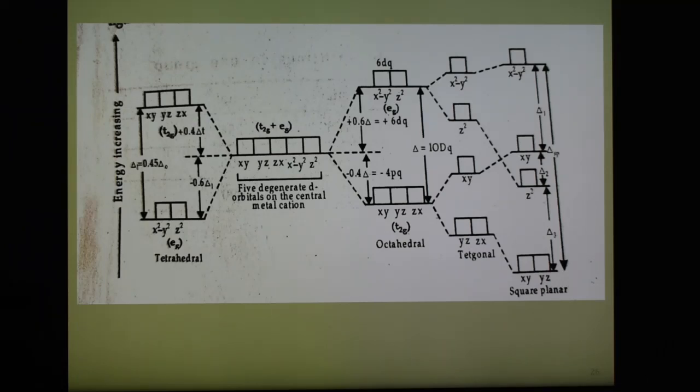Therefore, 4 ligands can approach along the x and y axes without difficulty, as the dx2-y2 orbital is empty. However, ligands approaching along the z axis experience strong repulsive forces from the filled dz2 orbital, and therefore only 4 ligands succeed in bonding to the metal, and hence a square planar complex is formed. Square planar complexes are formed by d8 ions with strong field ligands.